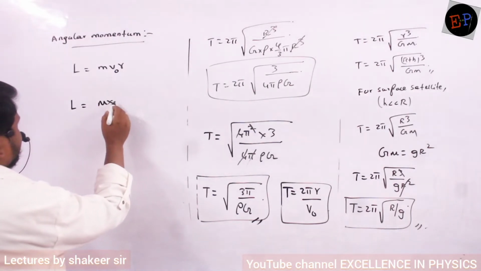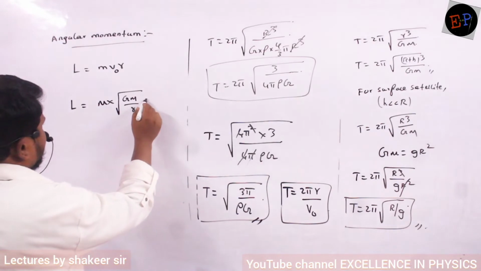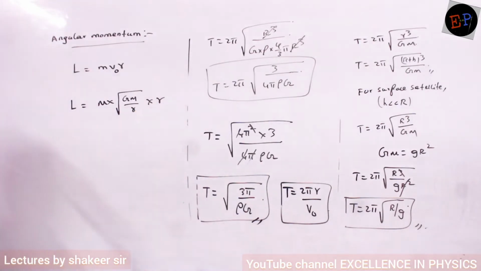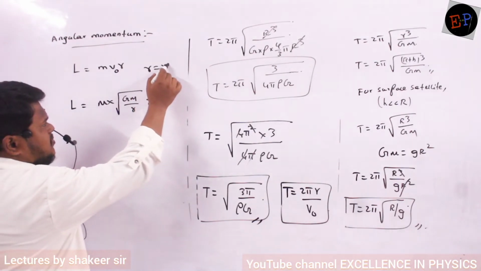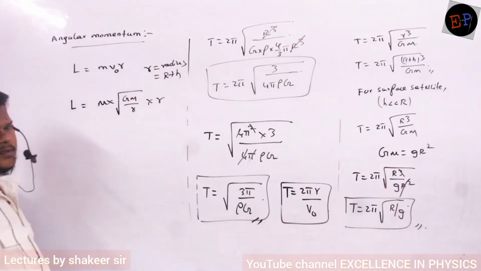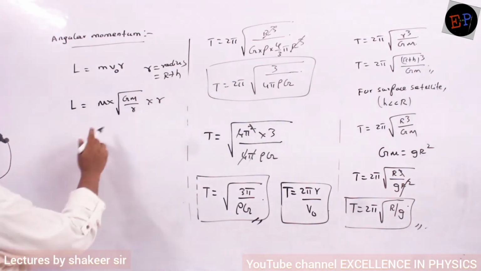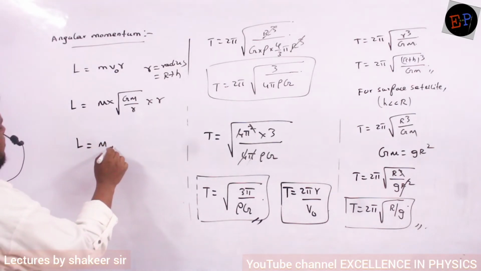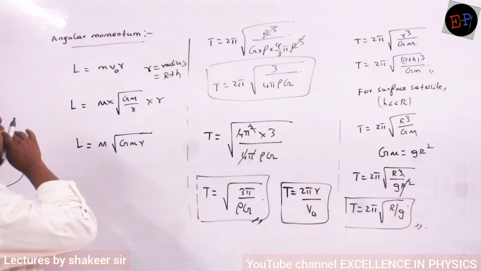m into v. Instead of v, I can write square root of GM divided by r, multiplied by r. When the satellite is rotating at which radius? At a radius of r. R is nothing but radius, and it is also called capital R plus small h. So therefore, L is equal to m into root of GM into r.